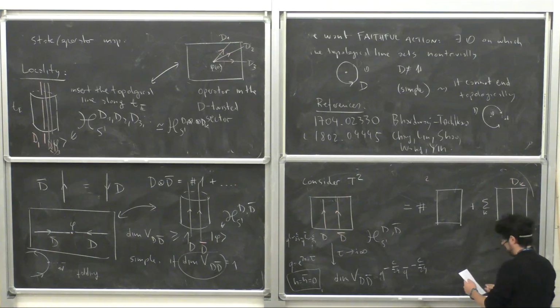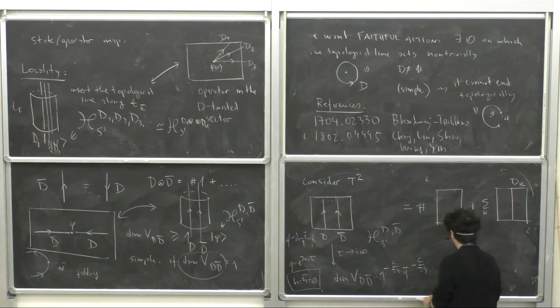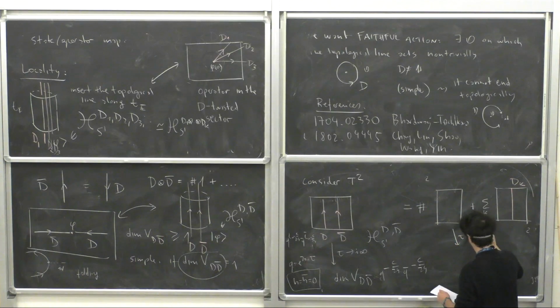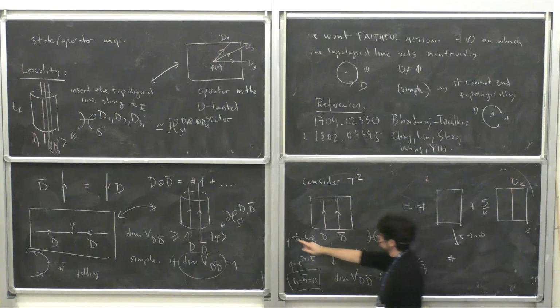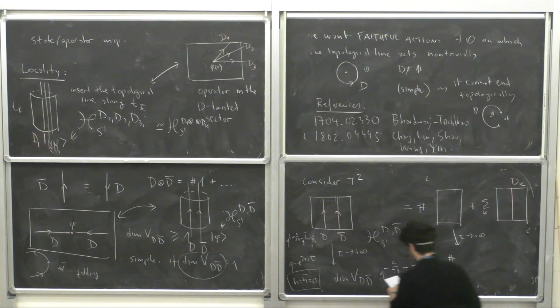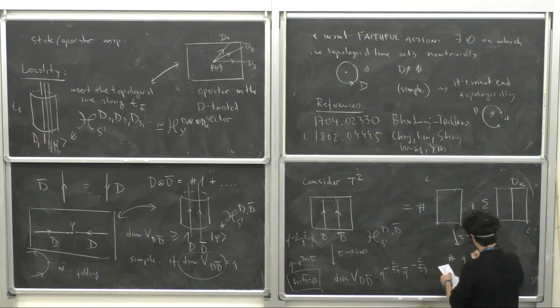And you see that by the same argument, when you take tau going to i infinity, this term here is just this coefficient times q to the minus c over 24 and q bar to the minus c over 24.